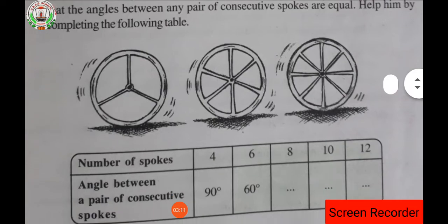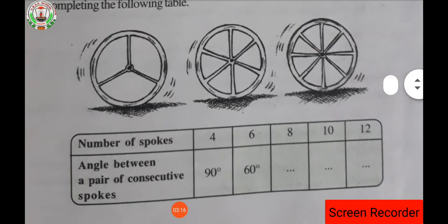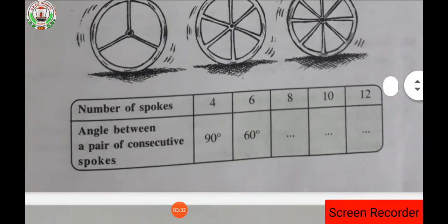Now here are the diagrams which are given, and the numbers of spokes are given as 4, 6, 8, 10, 12, and the angles between a pair of consecutive spokes are 90, 60, and three blanks. We have to find those 3 blanks in this question. Clear?